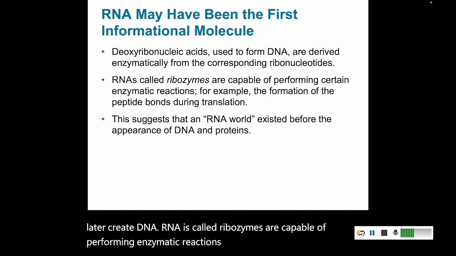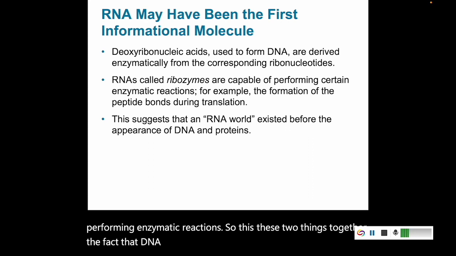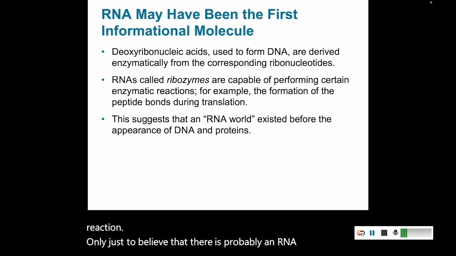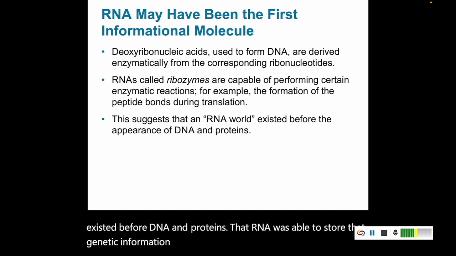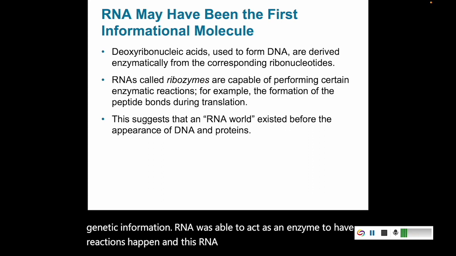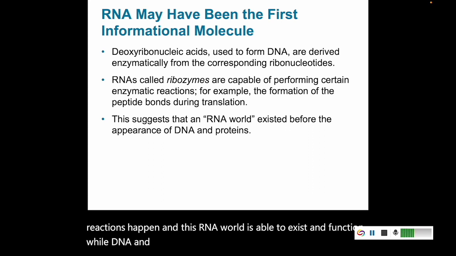So these two things together, the fact that DNA probably evolved from RNA and that RNA has enzymatic activity, lead us to believe that there was probably an RNA world that existed before DNA and proteins. That RNA was able to store that genetic information. RNA was able to act as an enzyme to have reactions happen. And this RNA world was able to exist and function while DNA and proteins were evolving into how we know them today.